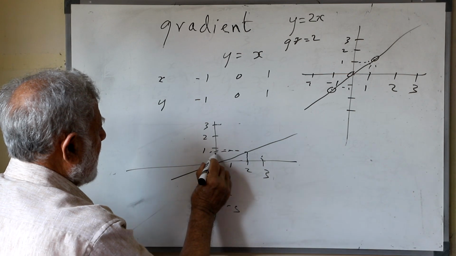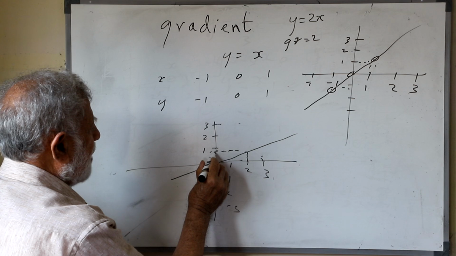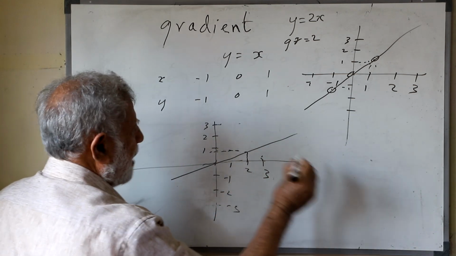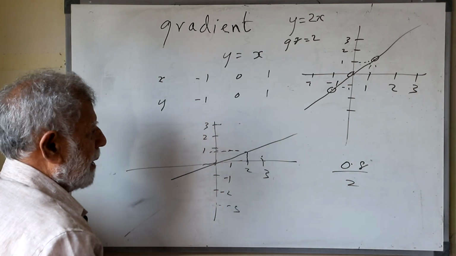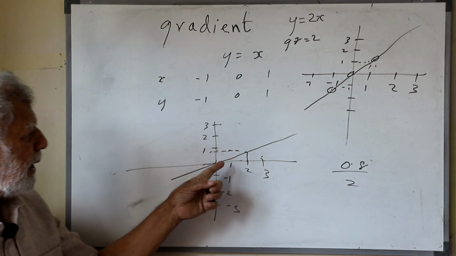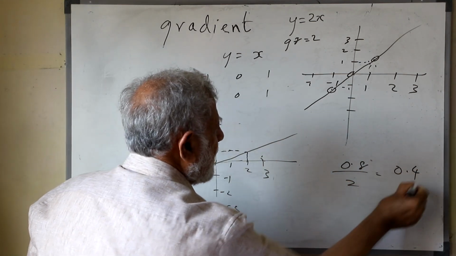If we take this point, here the height can be 0.8 upon 2. So, the gradient of this line is 0.8 upon 2, that is equal to 0.4.